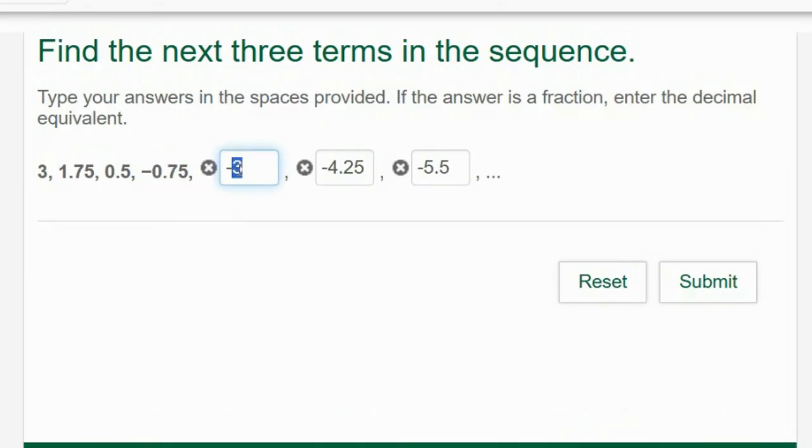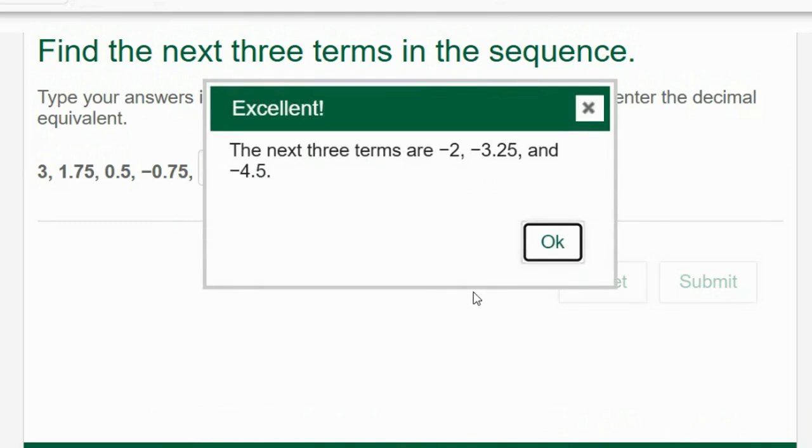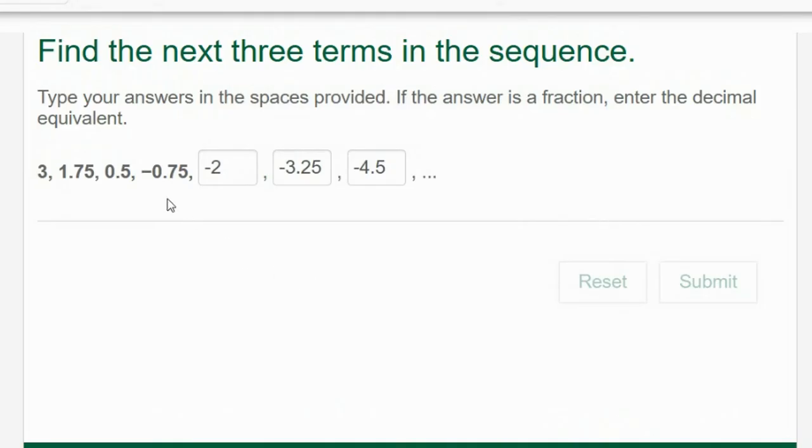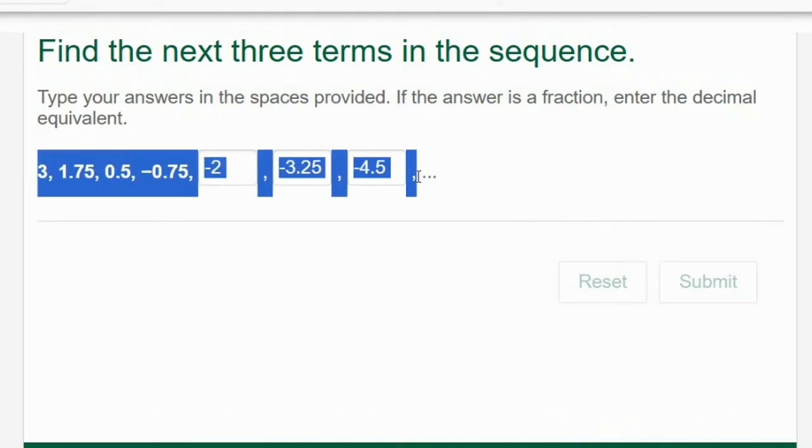All right, I think we're off by 1. I'm seeing people saying negative 2 instead of negative 3. Negative 3.25 and negative 4. So maybe we're just off by 1. Let's see. That's it. We were just off by 1. All right. Nice correction, folks. Nice correction. Yeah, we just got a little bit too far.